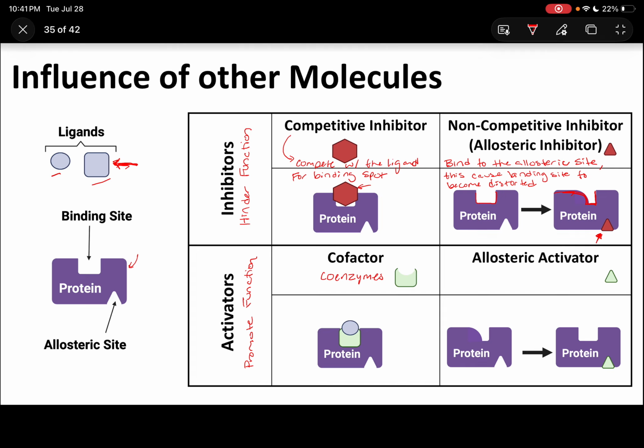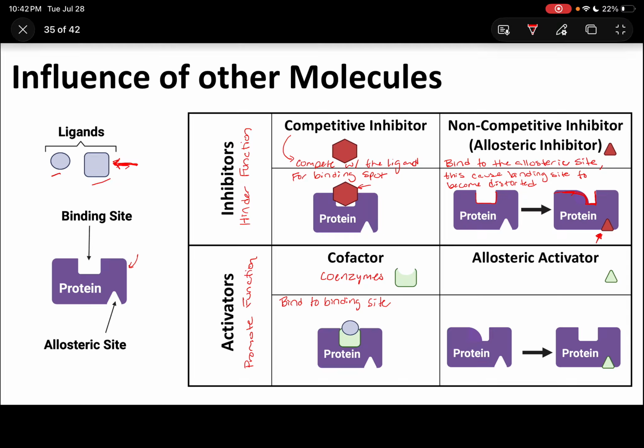I put this here on the table because its strategy is similar to the competitive inhibitor, but it ends up having an opposite effect. Basically, the cofactor is going to bind to the binding site. And that's why it's similar to the competitive inhibitor, because the competitive inhibitor also binds to the binding site.